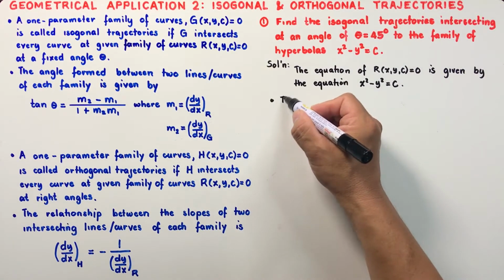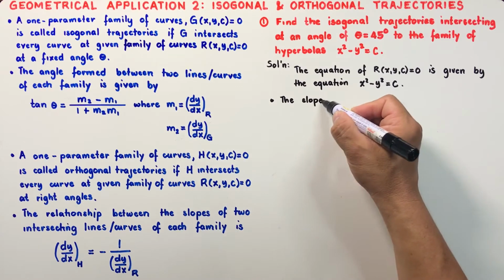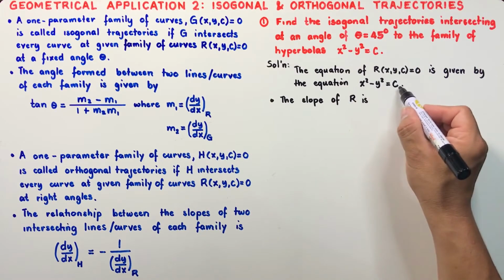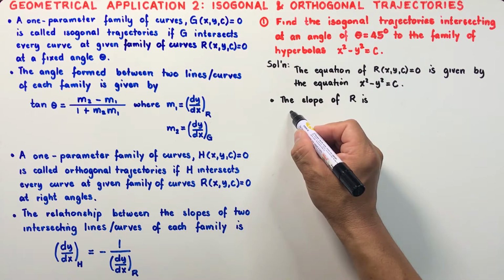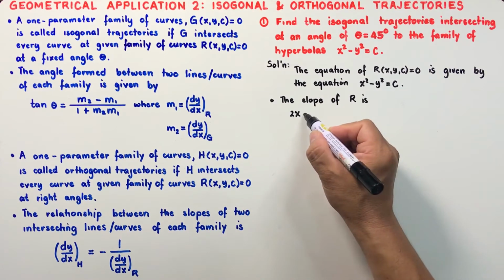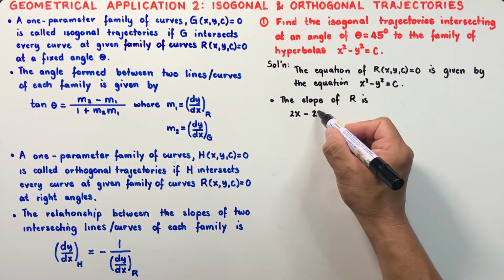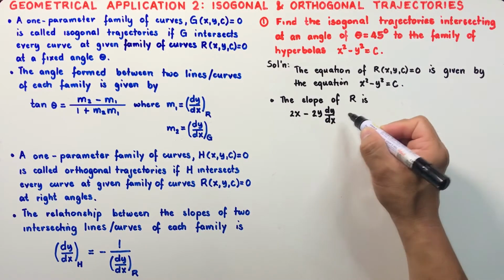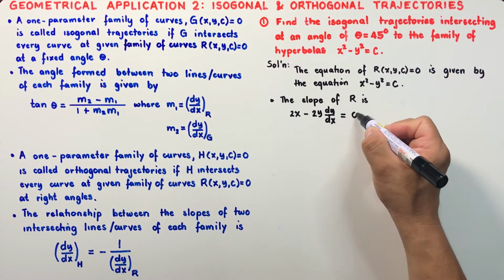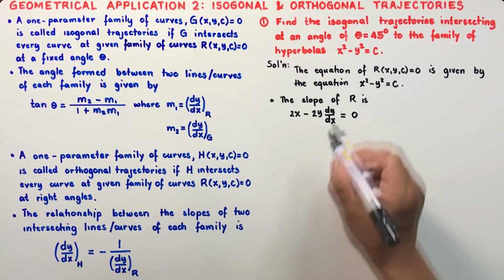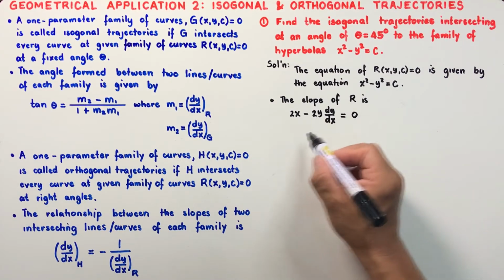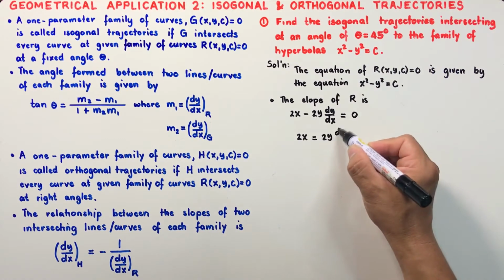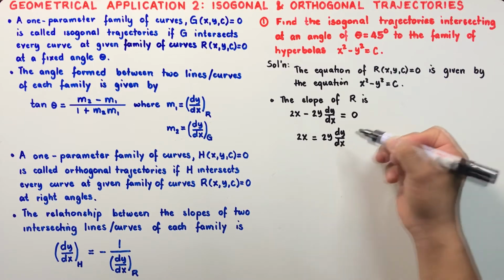The slope of this family of curves r is the derivative, taken implicitly, of this equation. The derivative of x squared is 2x, and the derivative of y squared is 2y dy/dx, because we are taking the derivative with respect to x, and the derivative of a constant is 0. Moving this term to the right-hand side, we have 2x equals 2y dy/dx.